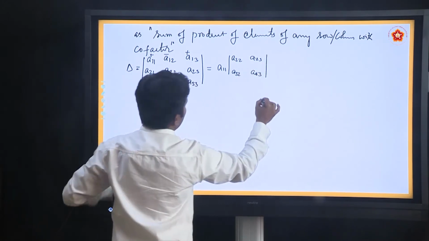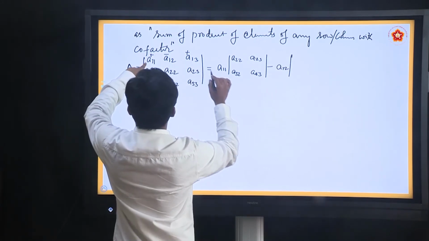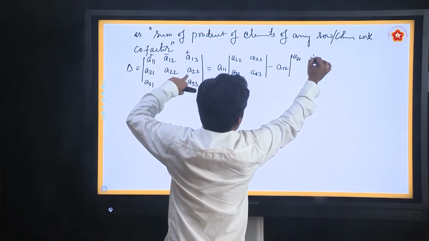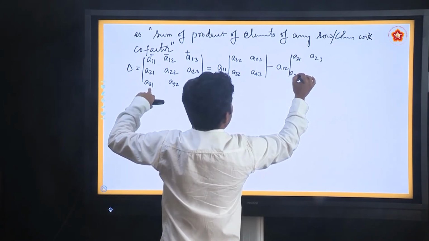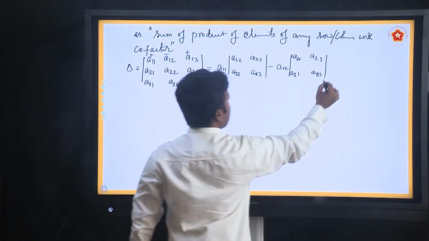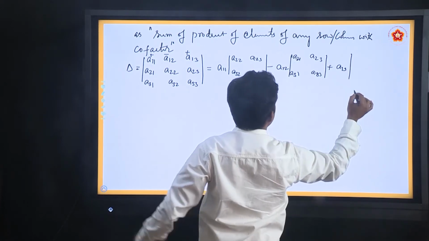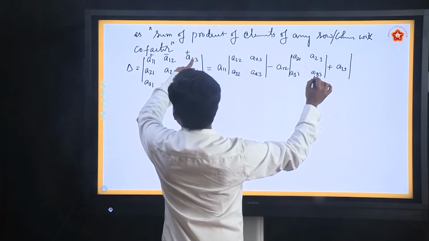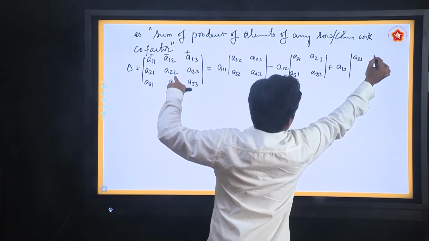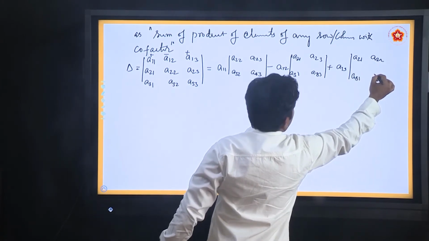Minus A12 into, we delete the first row and second column, we have A21, A23, A31 and A33. Plus A13 into, you delete the first row and third column, A21, A22, A31 and A32.